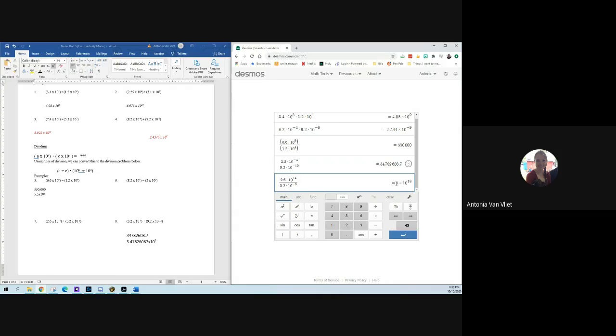And you can see here it did give us a nice answer in scientific notation, which is 5 times 10 to the 18th. So that's how you're going to go about doing scientific notation in the calculator for this objective. We're just going to strictly do it in the calculator.